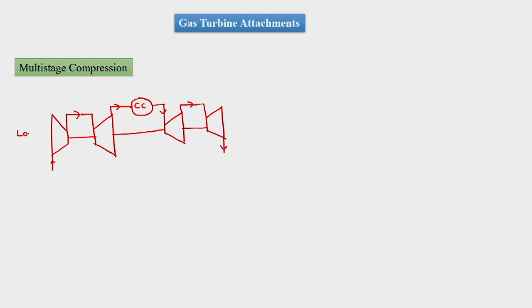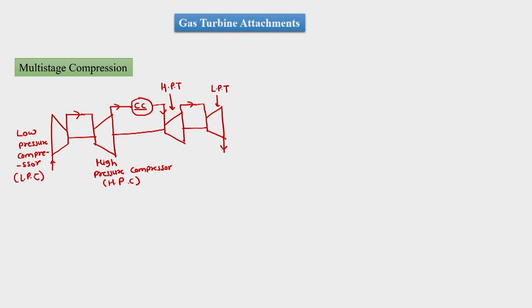This is called the low pressure compressor, LPC, and this is called the high pressure compressor, HPC. Then this is the high pressure turbine, HPT, and this is the low pressure turbine, LPT, and then this is the combustion chamber.